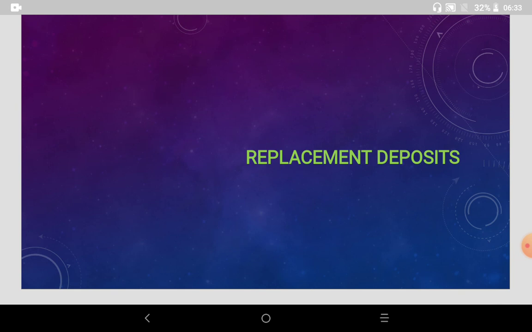This is another process of cavity filling deposits in hydrothermal solutions. This is also a very important process for the formation of mineral deposits.